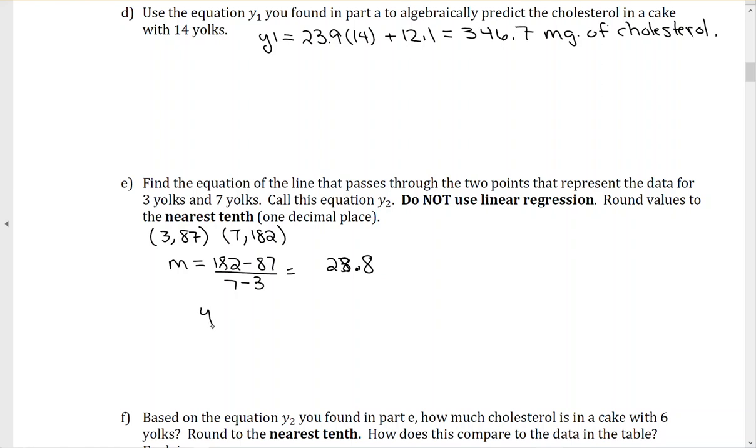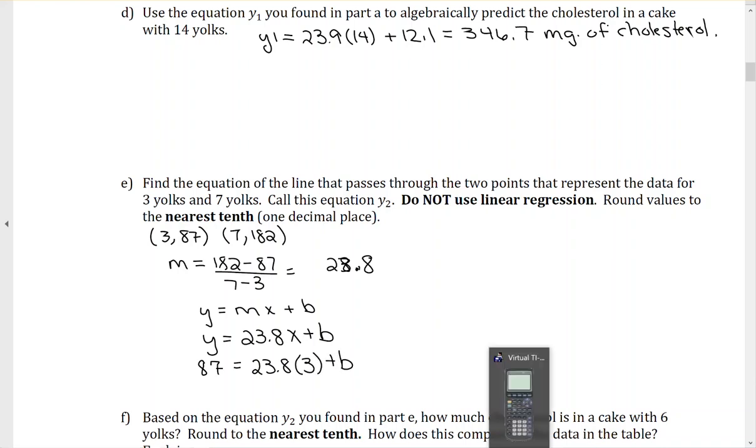So I'm going to go back to y equals mx plus b, plug in my 23.8 for m, and now solve for b. Again, I use one of these 2 points, plug it in for x and y, and solve for b. So I have 87 is the y, equals 23.8 times 3 plus b.